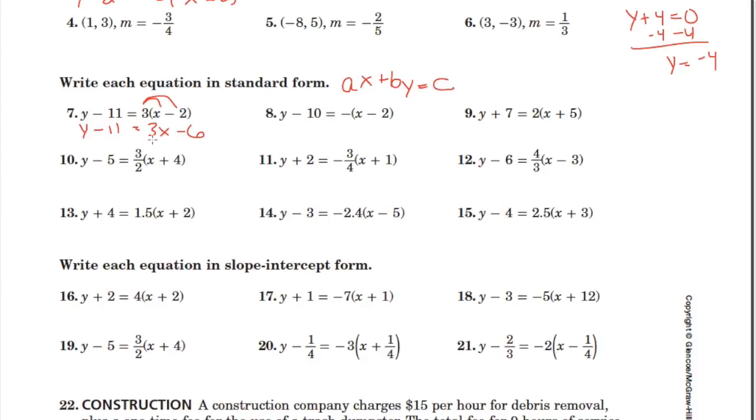That's pretty straightforward. Now I want to get the x and the y on the same side. So I'm going to minus 3x from both sides, and I will get negative 11 plus y minus 3x equals negative 6.